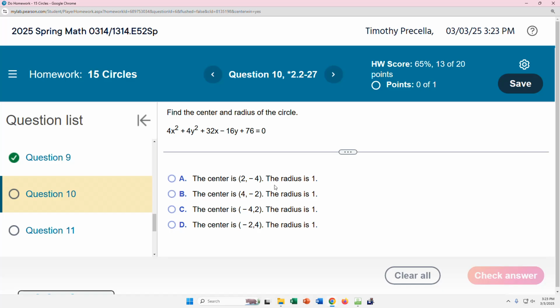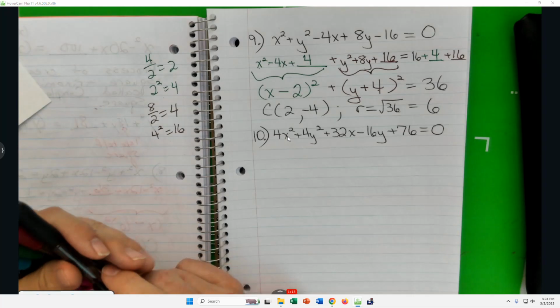Now think about, what's different about this one? Don't say multiple choice. No. The equation, there's something about the equation that's different from, say, number 9 or number 8. Did you write it down? Yeah. It's not a simple trinomial.